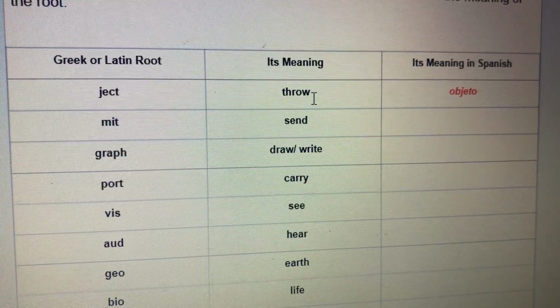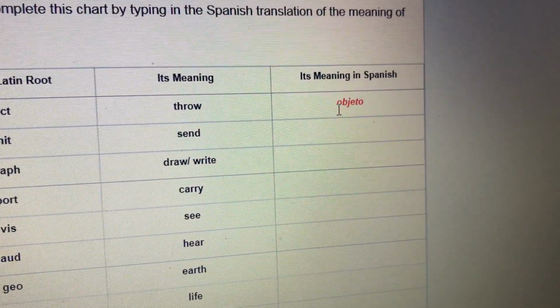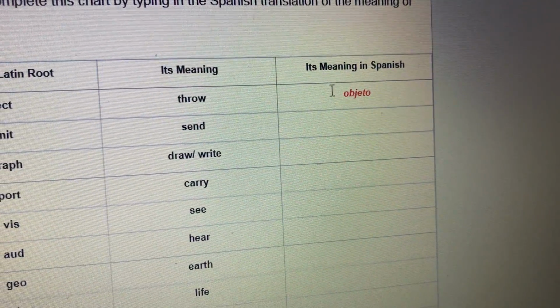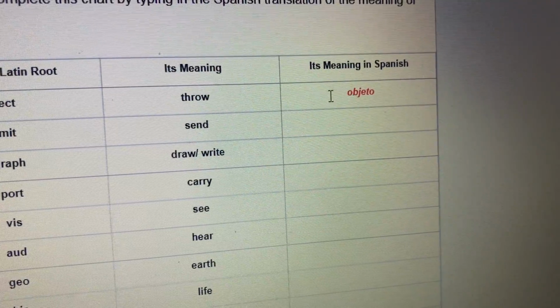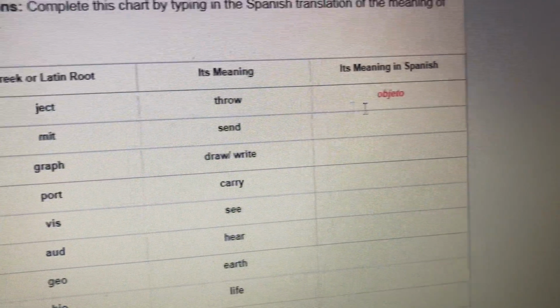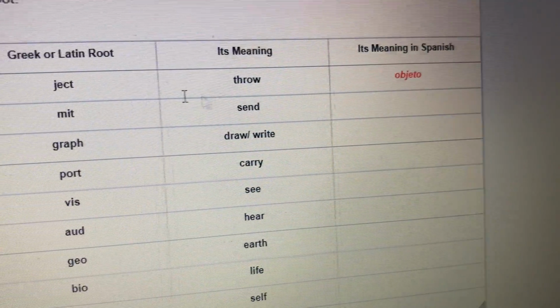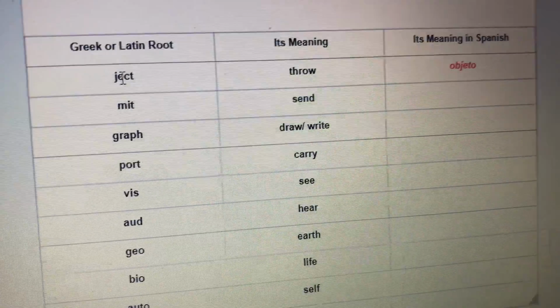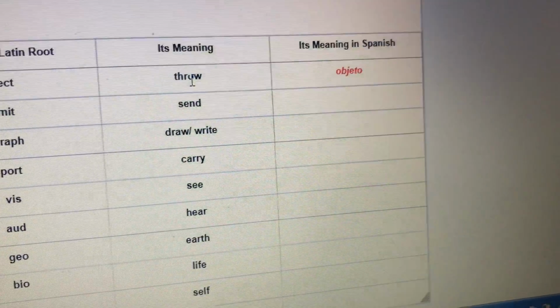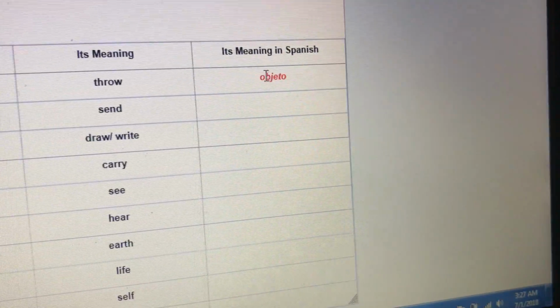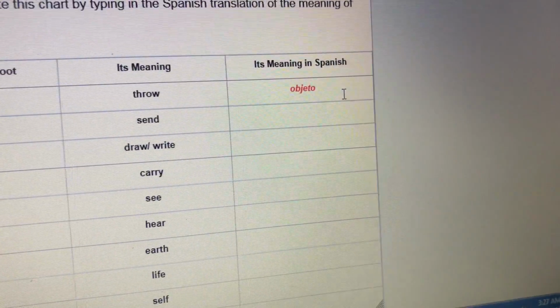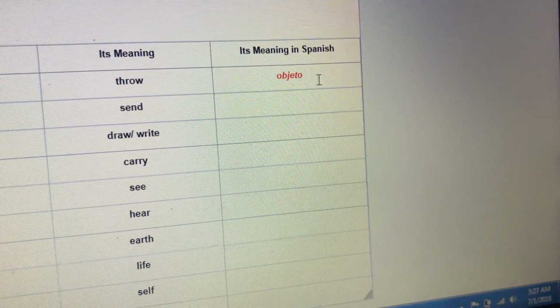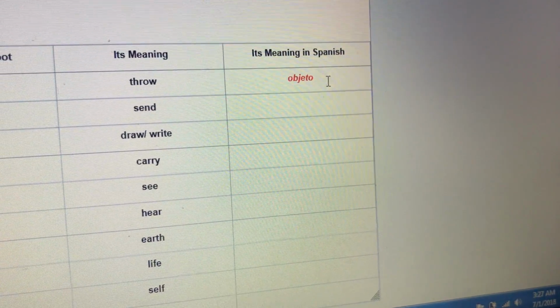Students are tasked with writing down the translation of that root in their native tongue. So I've given them the root and the meaning of the root, and then they can make the connection of the meaning of that root with a word with which they're familiar in their own language.